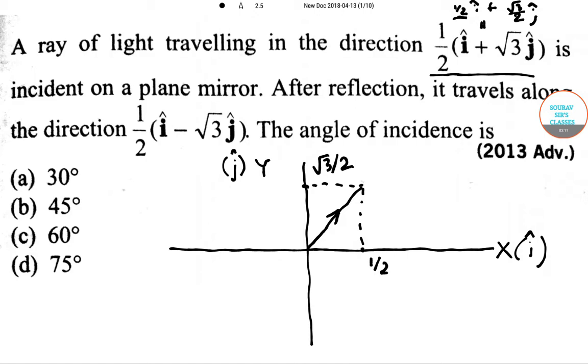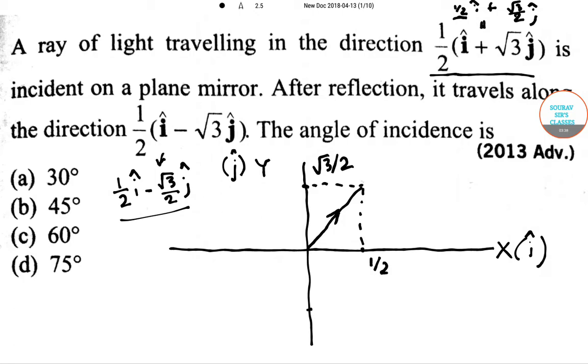Now what is the direction of the reflected light? That is actually half of i cap minus root 3 divided by 2 of j cap. This is the expression.